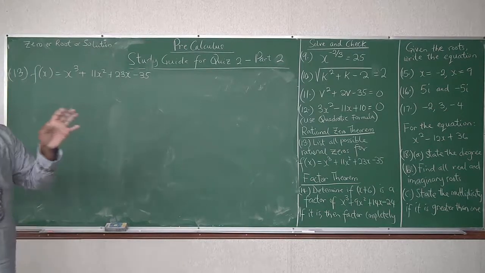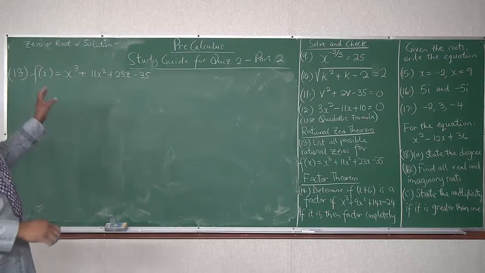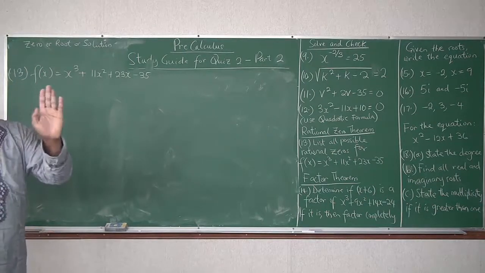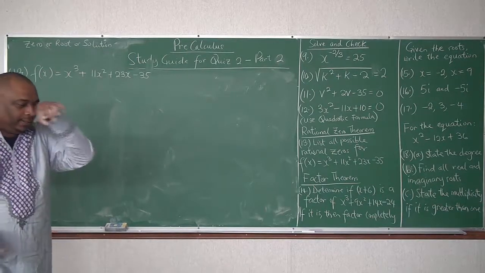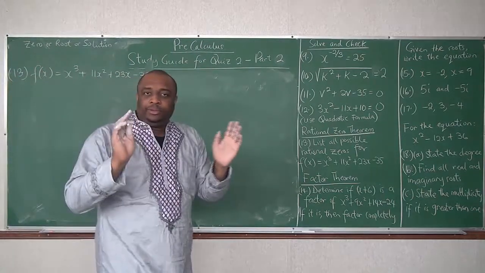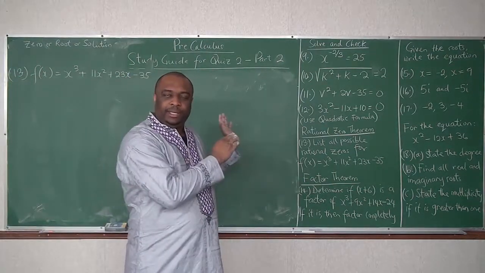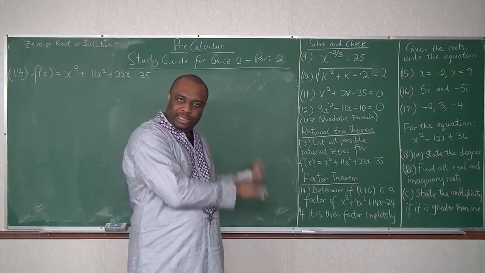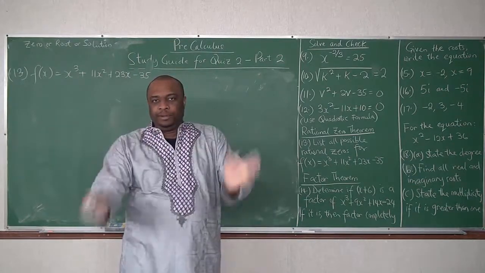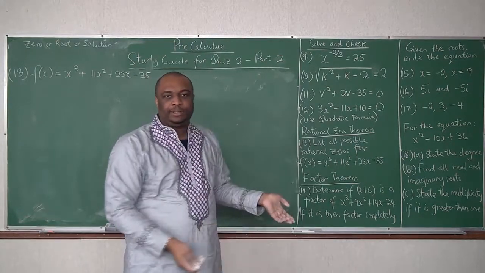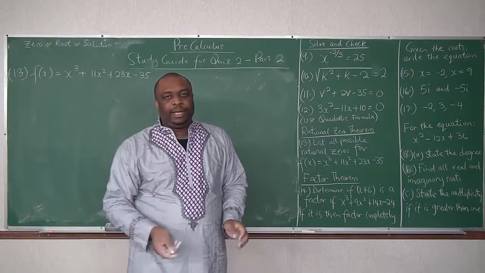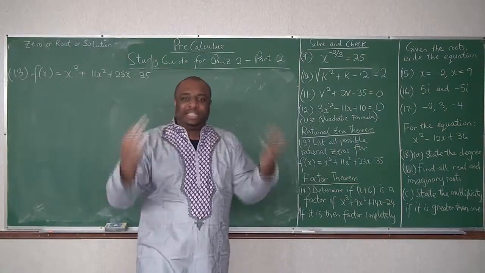In the rational root theorem, the first thing you write is the factors of the constant, then you write the factors of the leading coefficient, and then you divide. Now, this is how I teach this.